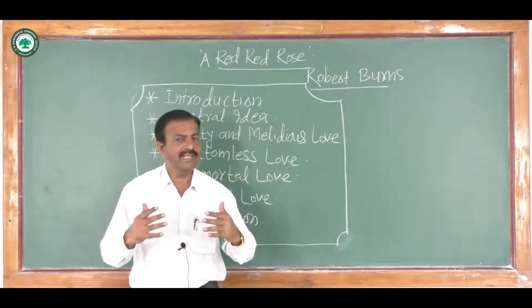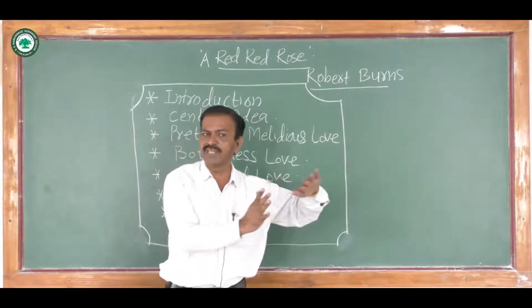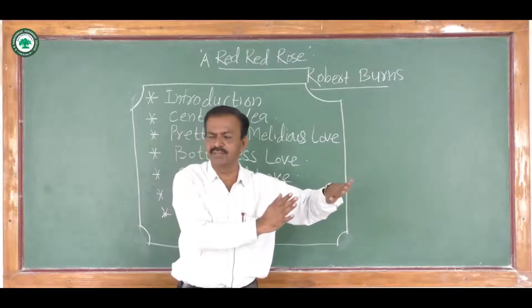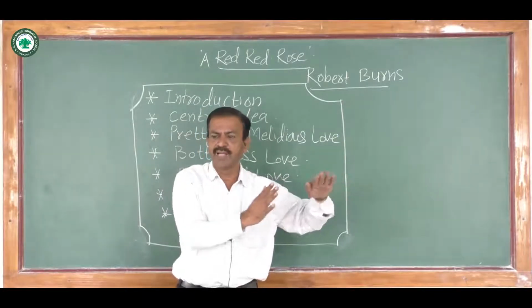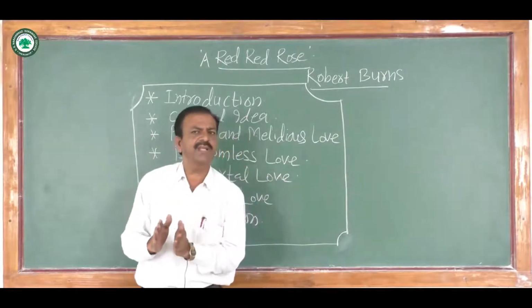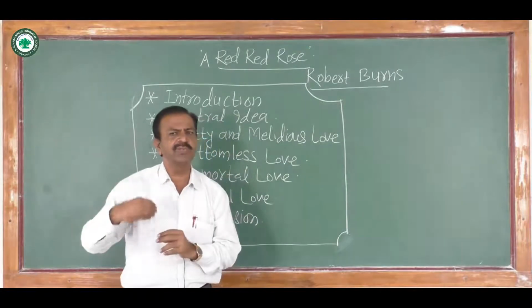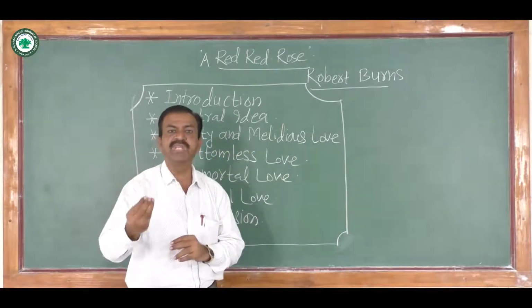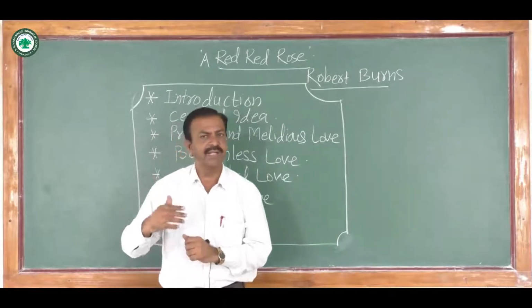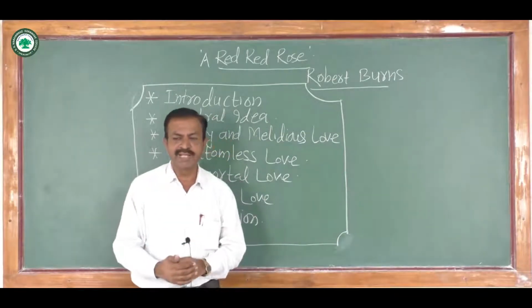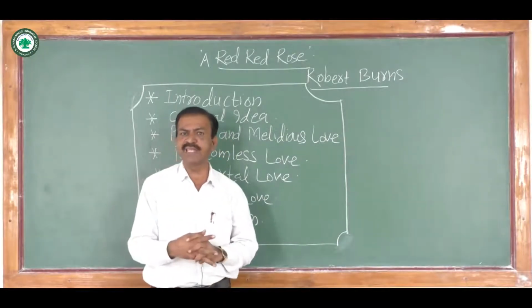So his beloved is the beauty queen of the speaker. And while describing her, first in the first stanza he describes his love. And in this stanza, the poet is going to describe the beauty of his beloved. And while describing the beauty, he says how beautiful she is.